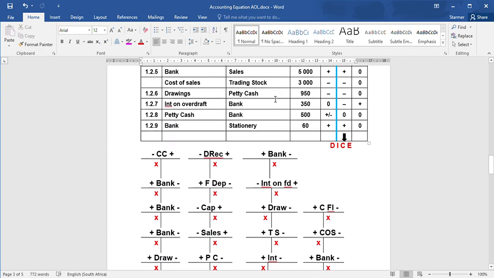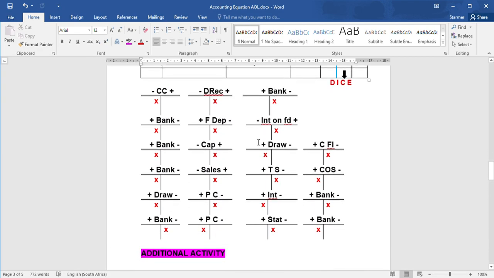Whenever the owner takes something for himself, it's regarded as drawings. Now, drawings is opposite to capital. Capital is minus plus, which makes drawings plus minus. And cash float is an asset. That money in the till belongs to the business. The amount of drawings has increased. The amount of money in your cash float has decreased.